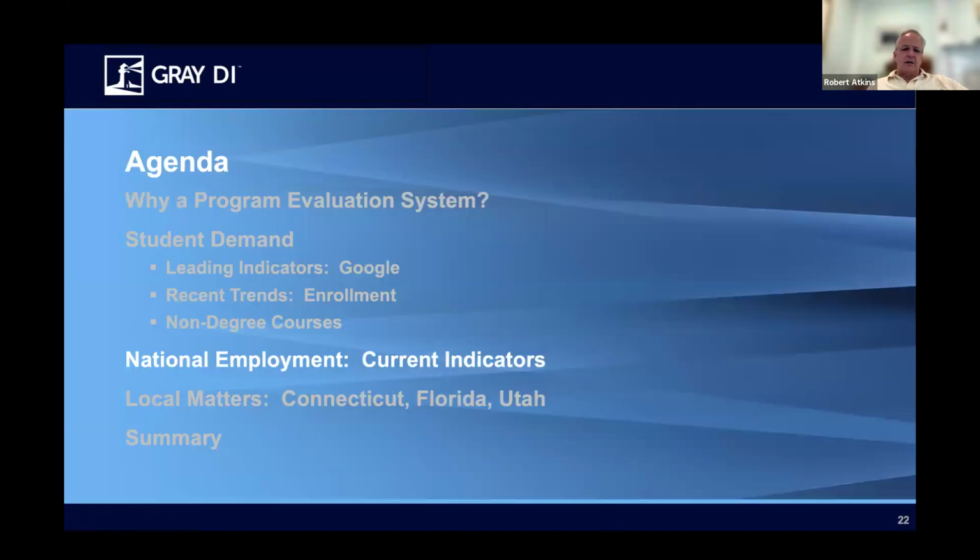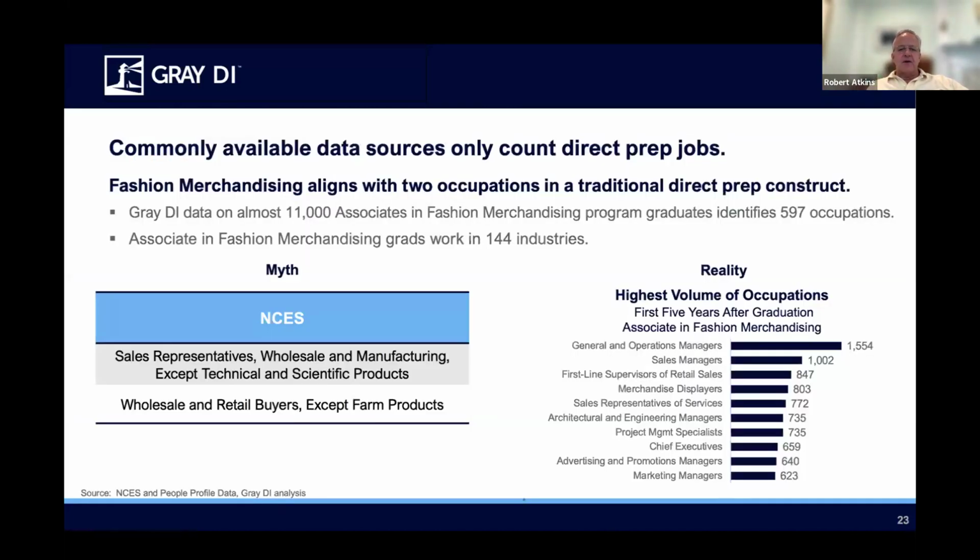Now let's switch over from enrollment questions to look at employment. On the employment side, the first thing we want to talk about is a very widespread myth about what people do after they graduate from college. This is actually the underpinning of much labor market econometrics and a labor market economist point of view.